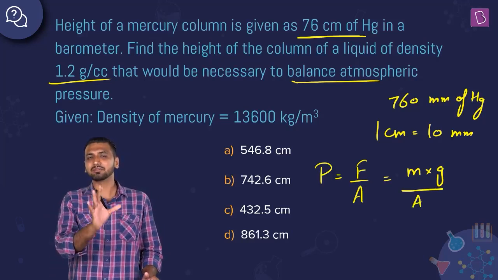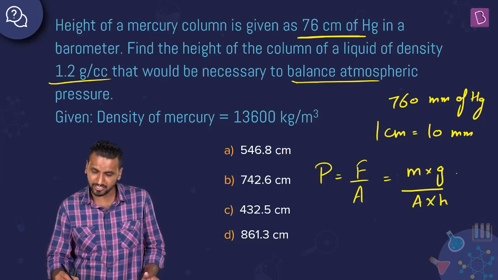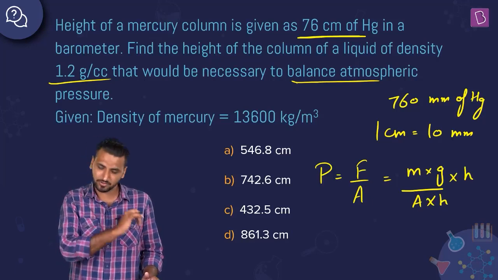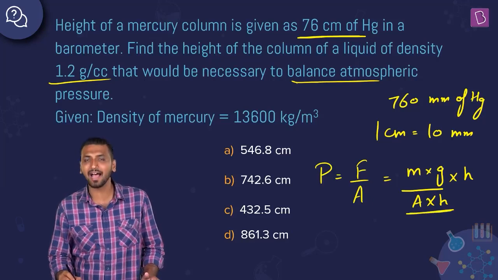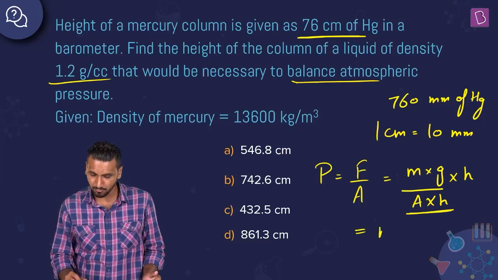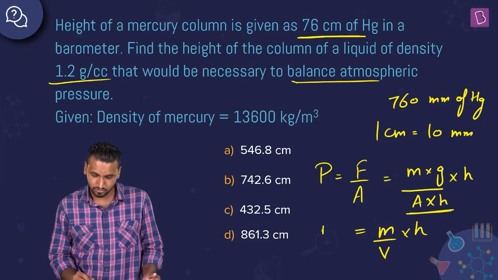So if I just multiply area with height in the denominator as well as in the numerator, nothing is going to change much, right? Okay. Can I write area into height as volume? So can I just write it as mass by volume into height? Make sense? Okay. This is your pressure.